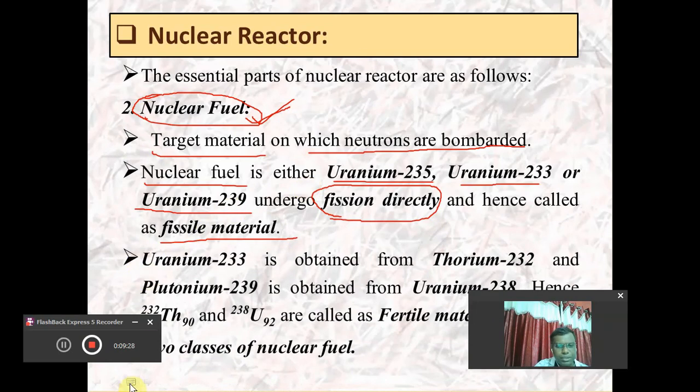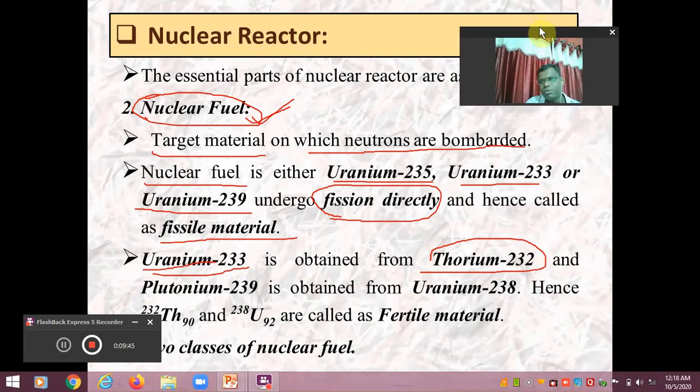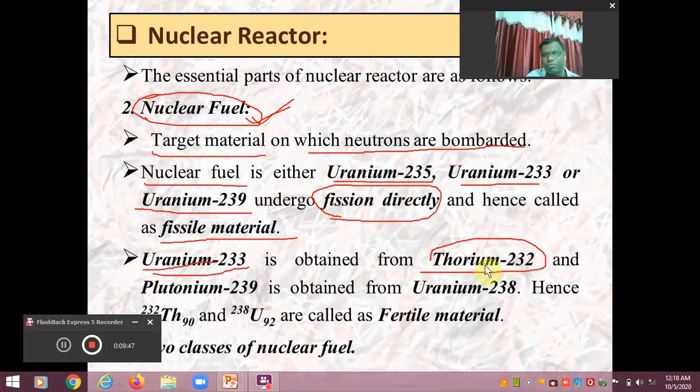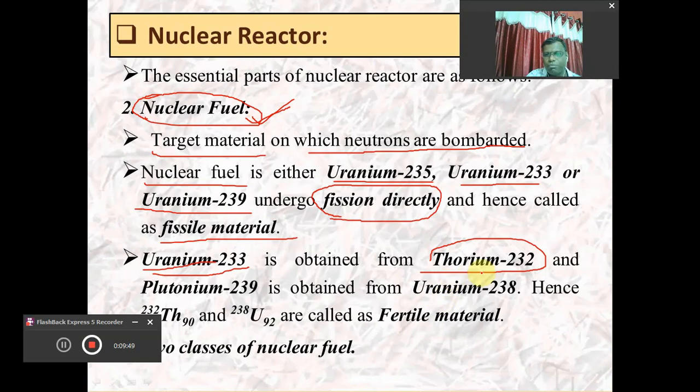Another type of material, again an important one: uranium-233 is obtained from thorium-232. This uranium-233 is actually a fissile material which undergoes fission directly, but it is obtained from thorium-232, and plutonium-239 is obtained from uranium-238.